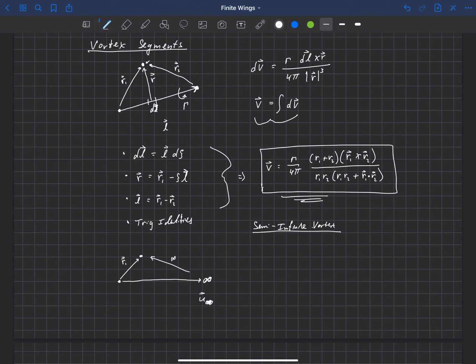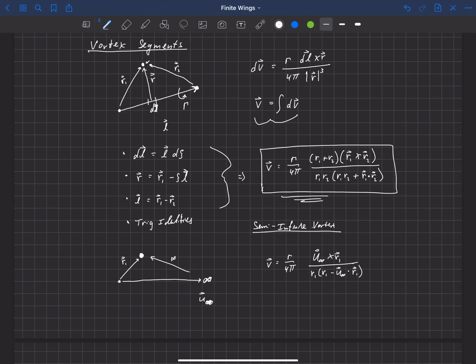So we're going to say that it goes off to infinity in the direction of u infinity, and what we get then is that v, the velocity induced at this point of interest, is equal to gamma over 4 pi times u infinity cross r1, divided by r1 times r1 minus u infinity dotted with r1.